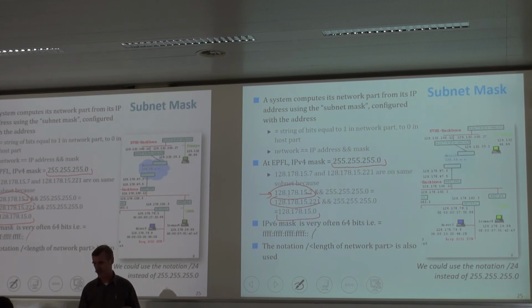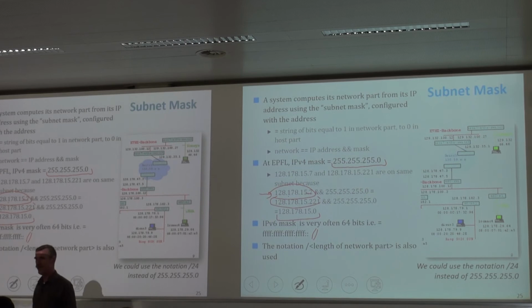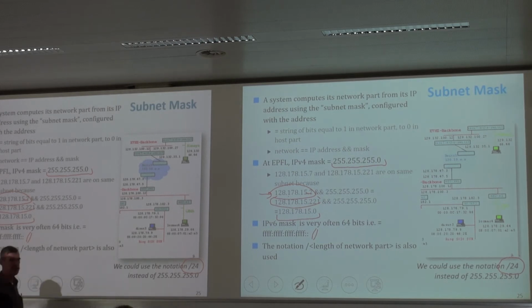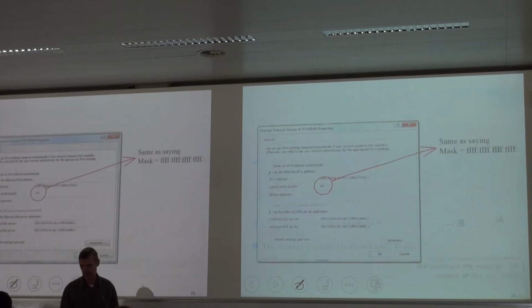The IPv6 mask is most of the time 64 bits, which means all those many Fs. And sometimes people use the notation /24, which is used typically for prefixes inside routing tables. The network mask is a special case of it. The network mask is typically used at hosts only.